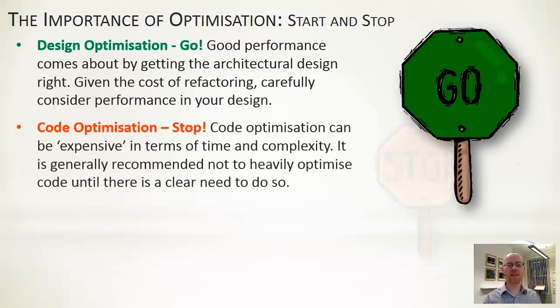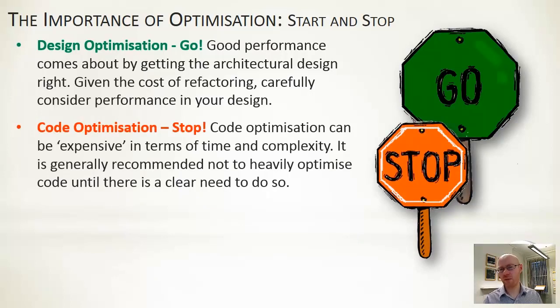For code optimization, the general advice is don't do it unless you really need to do it. You should be writing not inefficient code, but okay code, well designed, well defined code. But you shouldn't go out of your way to optimize the code that you write to make it highly efficient, unless you really need to do that.